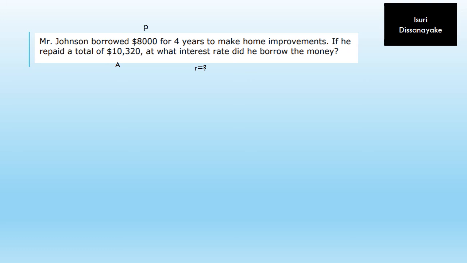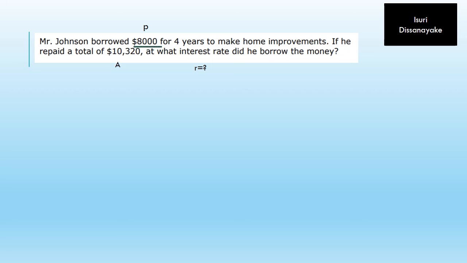Let's practice another question. Mr. Johnson borrowed $8,000 for 4 years to make home improvements. If he repaid a total of $10,320, at what interest rate did he borrow the money? So let's find the information from the sum.